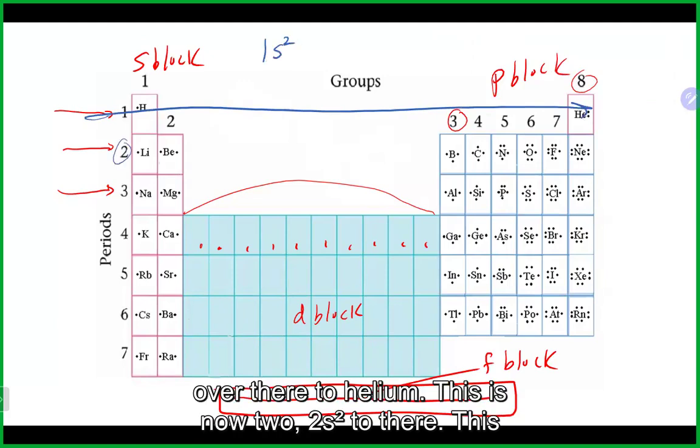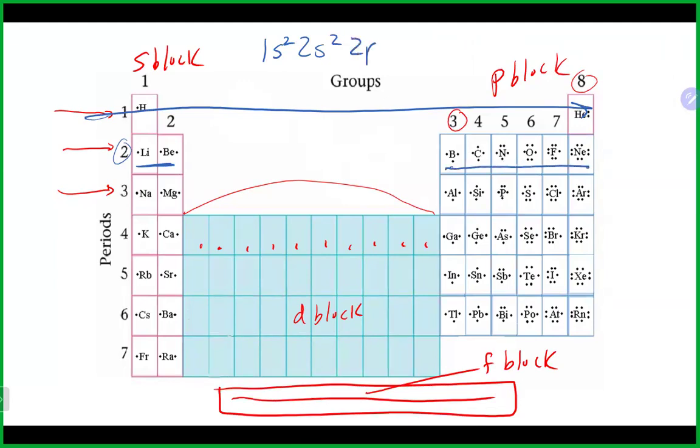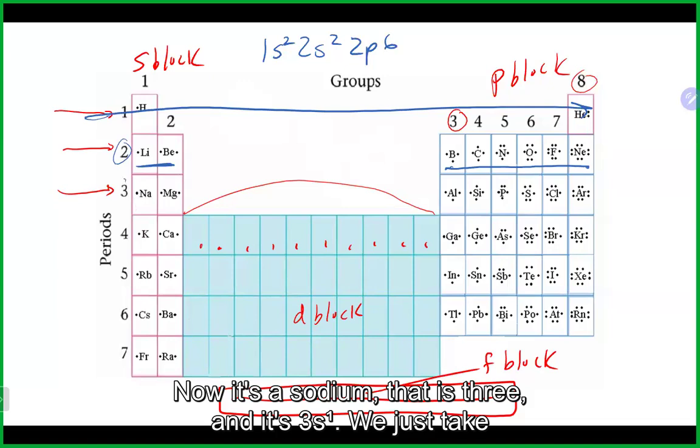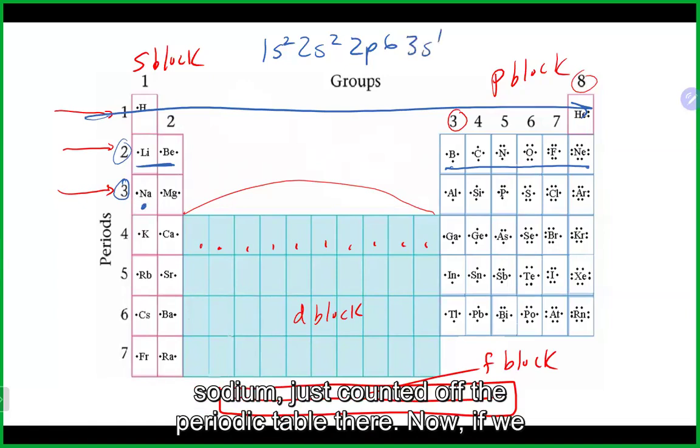This is now 2s2 to there. This is now P, but it's on the second level, so that's 2p6 to there. Now to sodium, that is 3, and it's 3s1. We just take 1 box in, and that is the electron configuration for sodium, just counted off the periodic table.